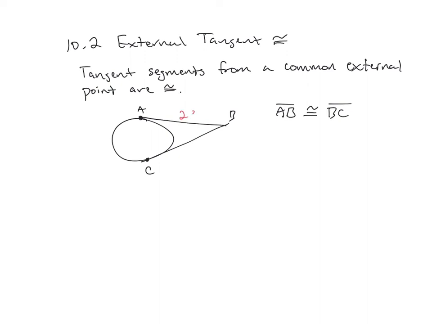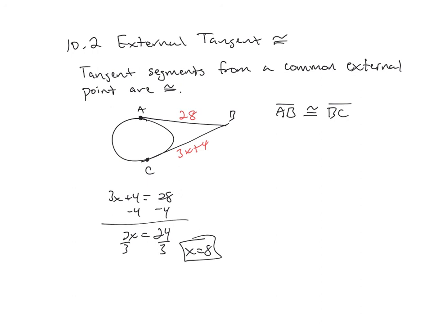What will you see on your work? Well, you could see something, again, it's going to be heavy algebra. Oh, okay, 3x plus 4 equals 28. And we got to solve a little equation. So those ones aren't going to be super challenging to solve. It'll be a little bit more challenging than what I just did.